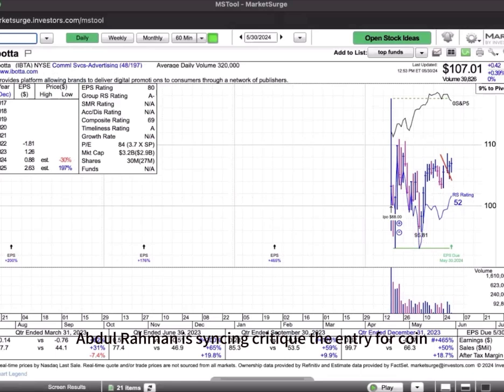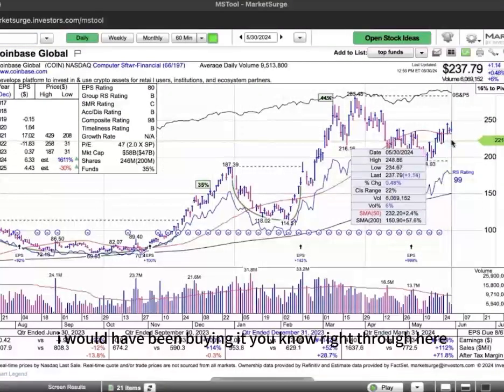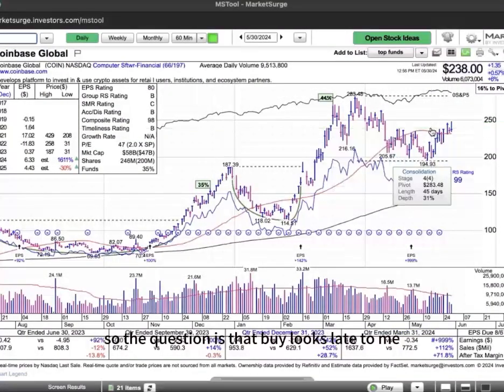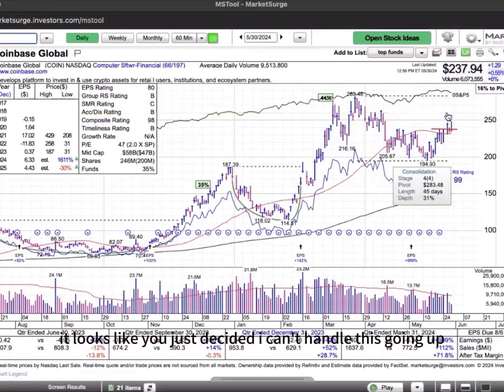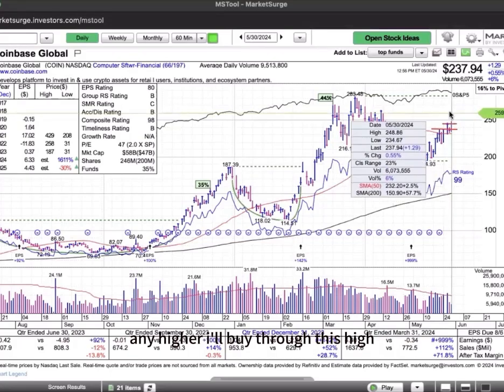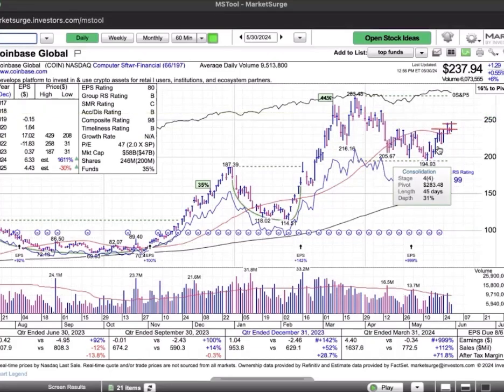Abdul Rahman is asking, can you critique the entry for Coin? Added a position at 247.50. The buy for Coin, if you're going to buy this, I would have been buying it right through here. So the question is, that buy looks late to me. It looks like you just decided, I can't handle this going up any higher, I'll buy through this high. Why weren't you buying right here?